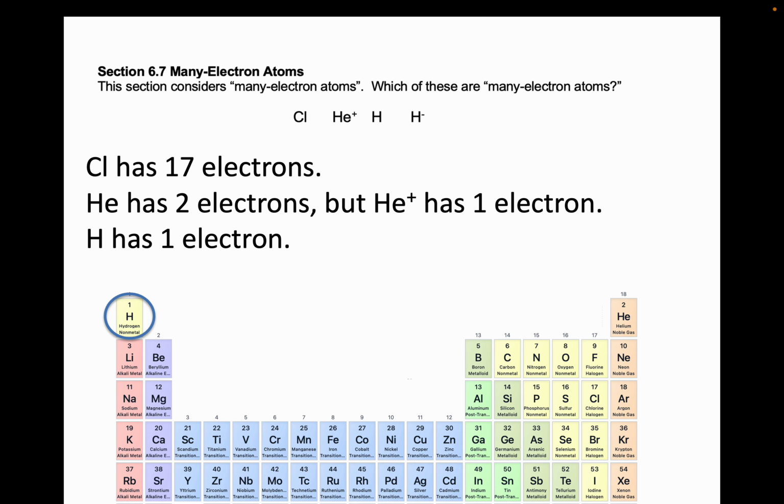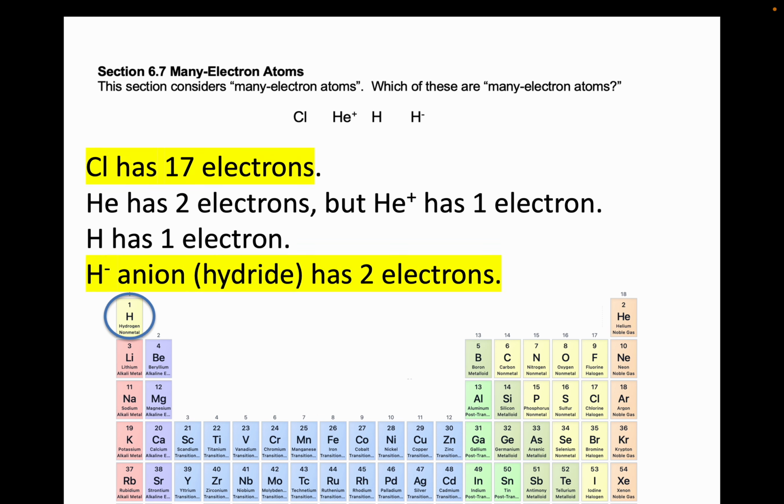Hydrogen has 1 electron. Hydrogen minus, the hydride anion, would have 2 electrons. So we have an example of a many electron atom which is neutral, chlorine, and one that is an anion, the hydride. We have to be able to determine whether we have only 1 electron present or more than 1 electron.